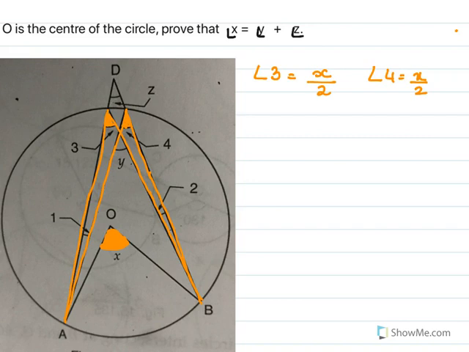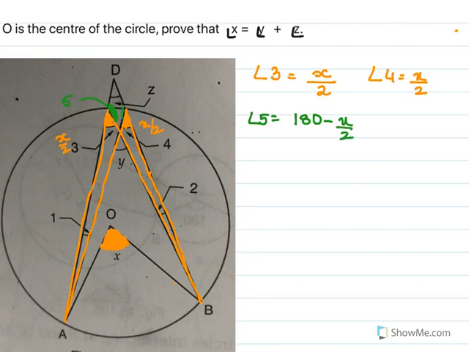So that's the first part. So if this is X by 2, let me write this here. This is X by 2 here, and this angle is also X by 2. So how much would this angle be? I'll mark this angle as angle 5. So angle 5 will be 180 minus X by 2, linear pair.